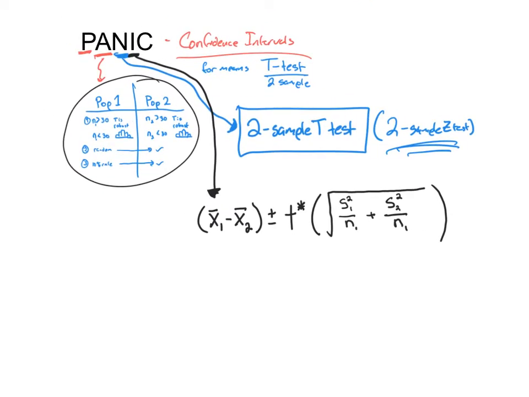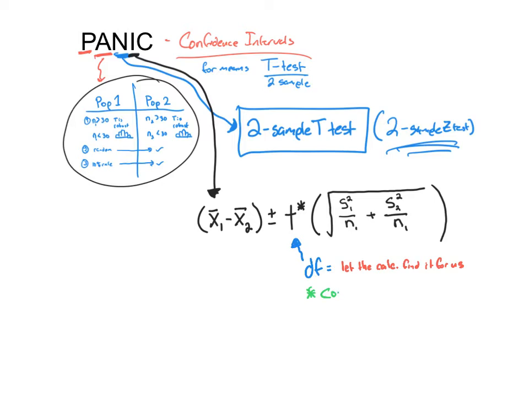Now, let's talk real quick degree of freedom, because it gets a little tricky here. So degree of freedom is a super complex formula for a two sample difference. So what we're going to do is one of two things, okay, when we're doing this. We are going to let the calculator find the degree of freedom for us, or go ahead and write this down.